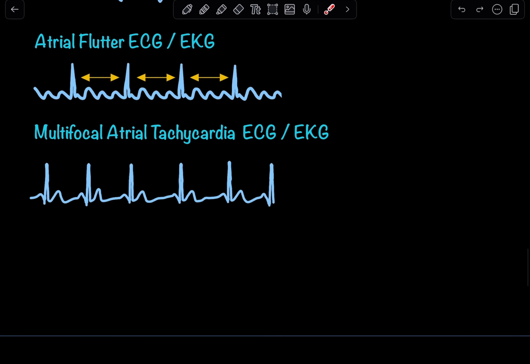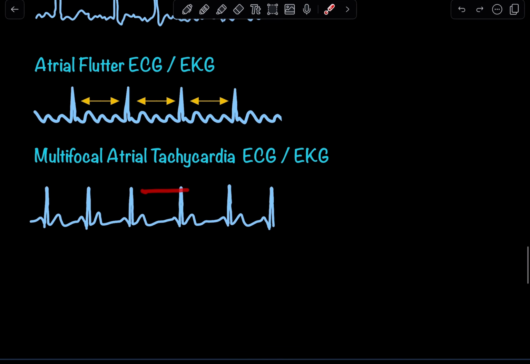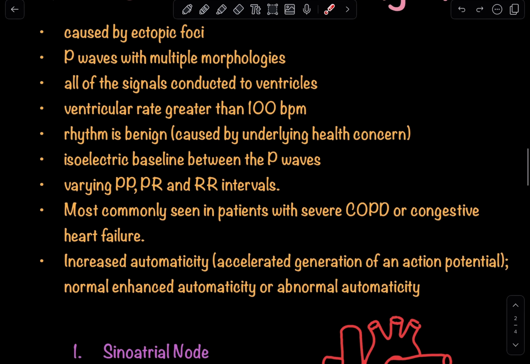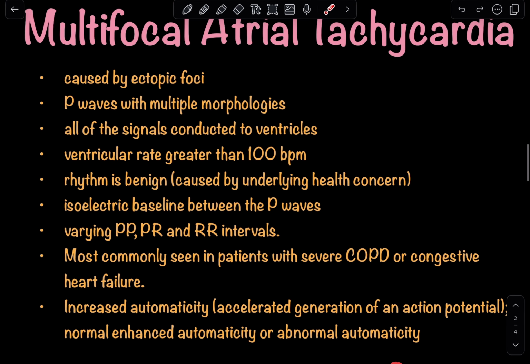And then in multifocal atrial tachycardia, we have visible P waves, but they're of different morphologies because we have those ectopic foci sending off varying signals. And we also have inconsistent intervals between the QRS complex and the P waves. So that is essentially multifocal atrial tachycardia.